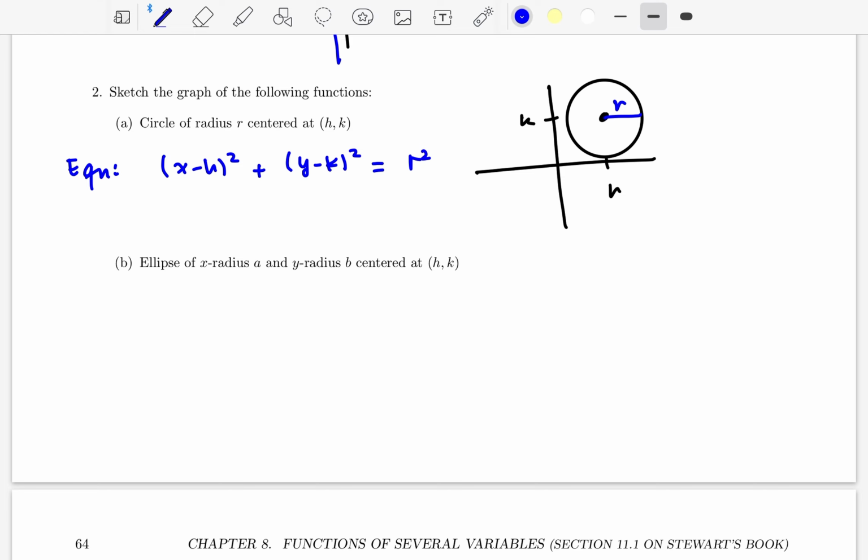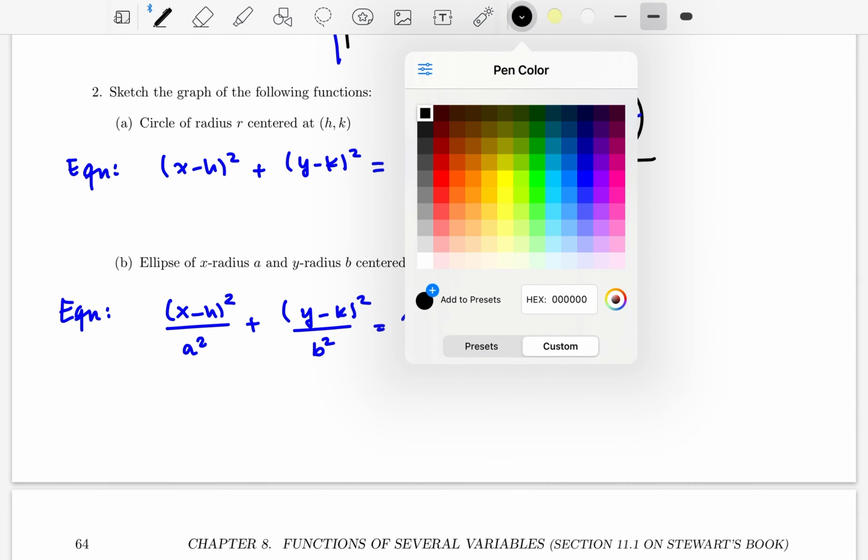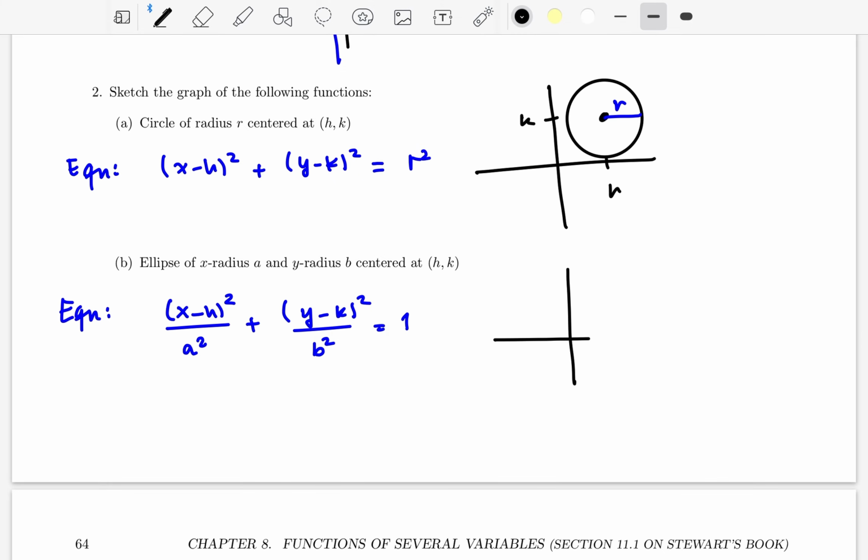Okay. Now, if I have an ellipse of x radius a and y radius b, I just wanted to make it as easy as possible, right? Centered at (h, k), this is equal to (x minus h) squared divided by a squared plus (y minus k) squared divided by b squared is equal to 1. Perfection.